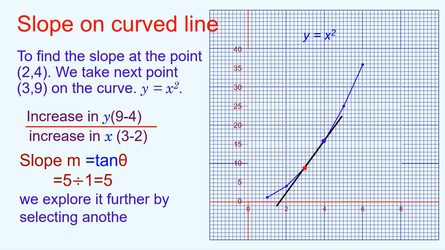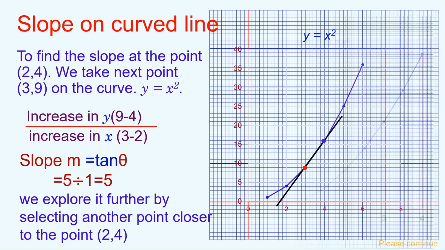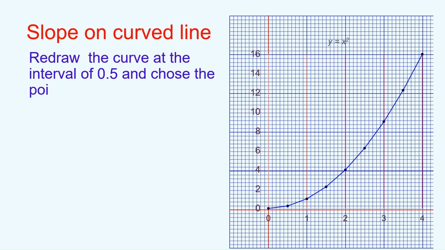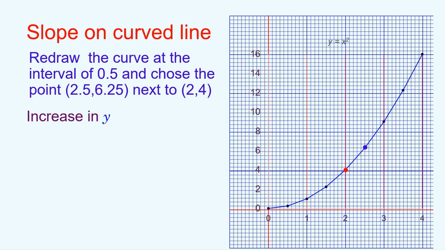We explore it further by selecting another point closer to the point 2, 4. Redraw the curve y equals x squared at the interval of 0.5 and choose the point 2.5, 6.25 next to 2, 4.